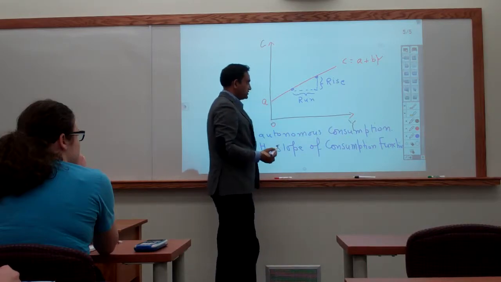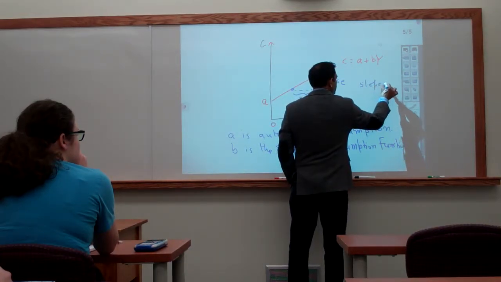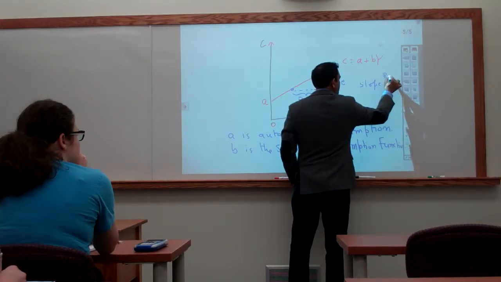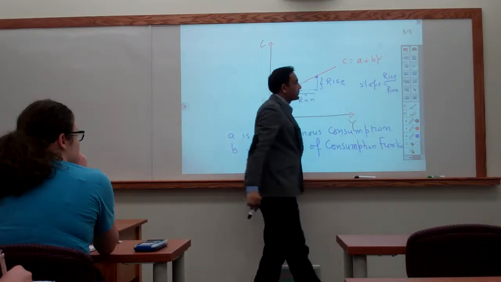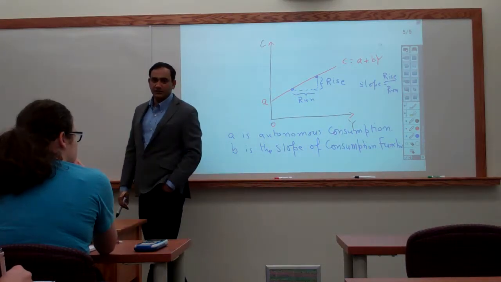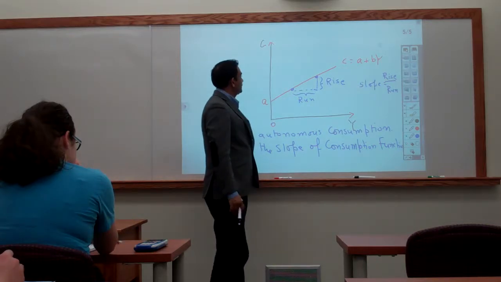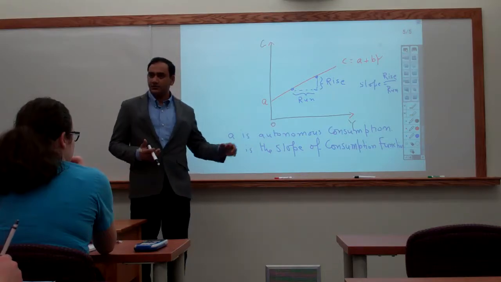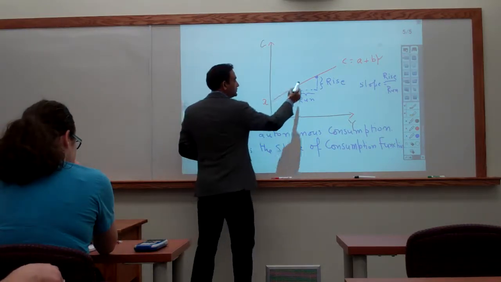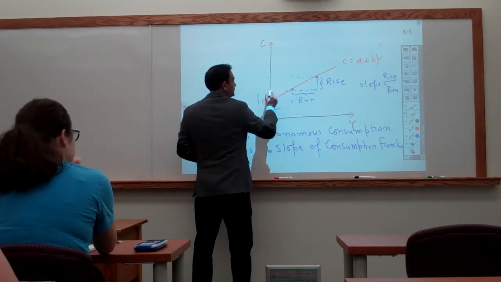So slope is rise over run. You can think of rise as change in consumption. Look at rise: you're looking at 2 values corresponding to C.